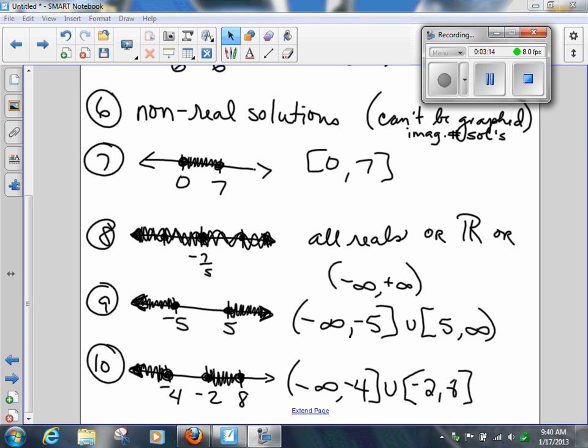So you have to take each piece into account. If you would have put -infinity to 8, that means every value between -infinity and 8 would make our inequality true, and that's not the case. If I were to choose -3, it's not going to work. So that's why you have to split it up.